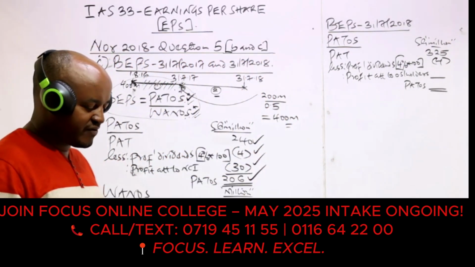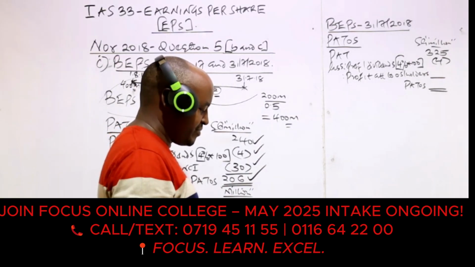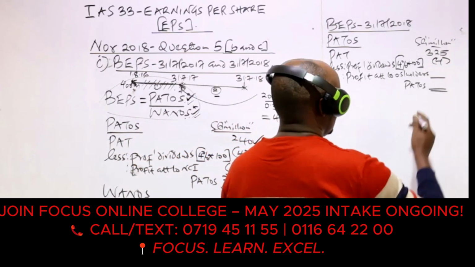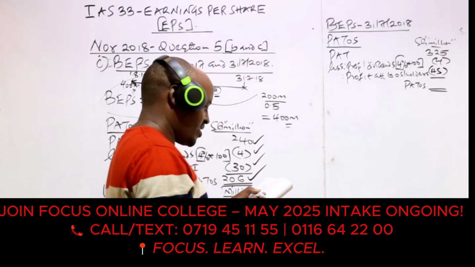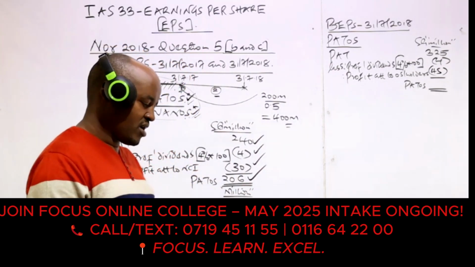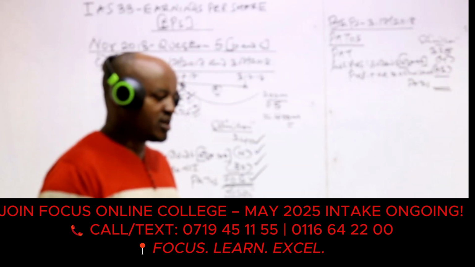And then we less the profit attributable to NCI, which is given in the income statement up there. Profit after tax attributable to non-controlling interest, which is given as 45. So basically, by doing that, we get now the profit attributable to ordinary shareholders.